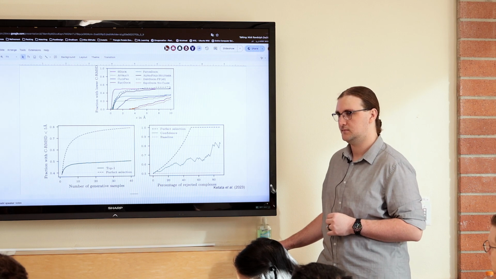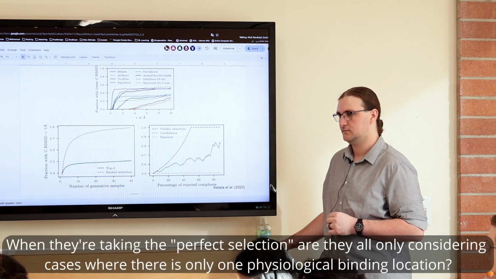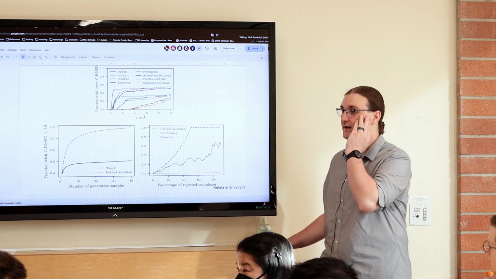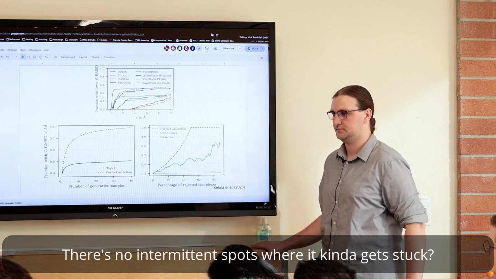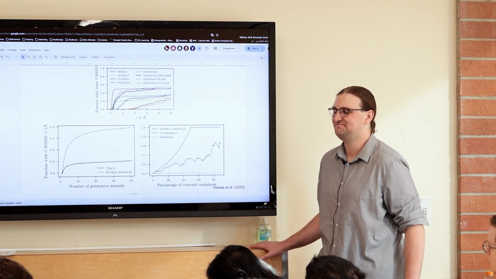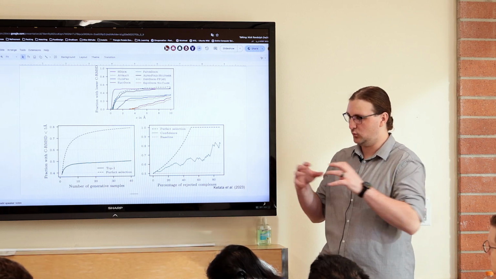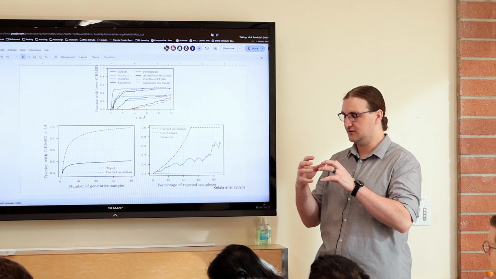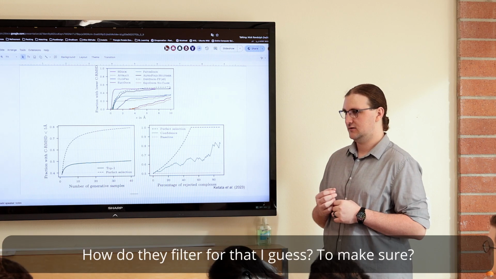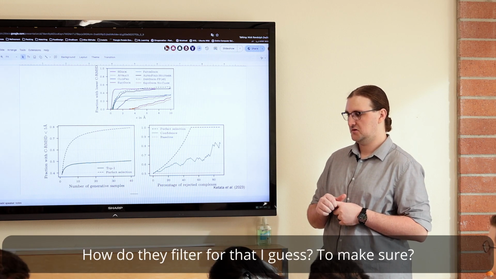Are these all, when they're taking the perfect selection, only considering cases where there is only one physiological binding location? But there's no intermittent spots where it kind of gets stuck? Yeah, this is assuming that there's one correct binding interface orientation. How do they filter for that, to make sure?